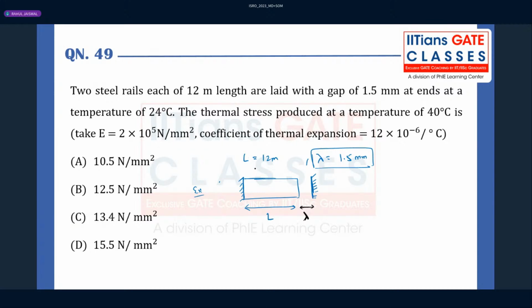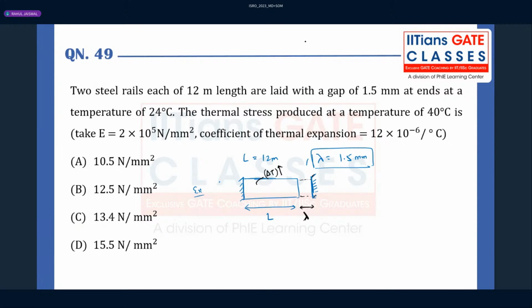When you try to increase the temperature of this bar, it will try to expand, and it will try to hit that particular right support. But here the right support is a kind of flexible support, not a rigid support. Of course, it has a certain gap of lambda, where it can only permit the deformation up to lambda, not more than that.